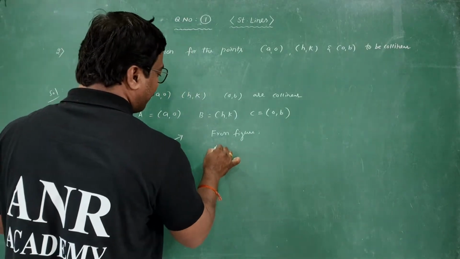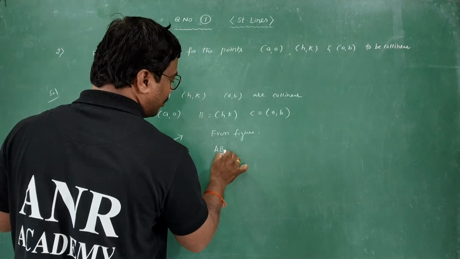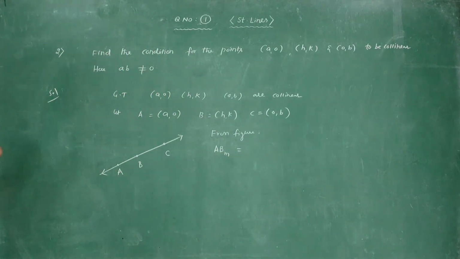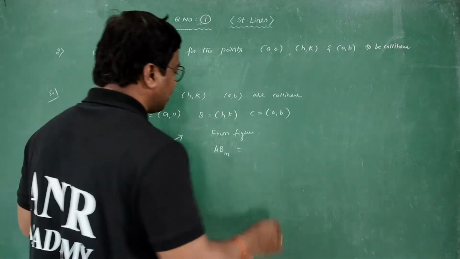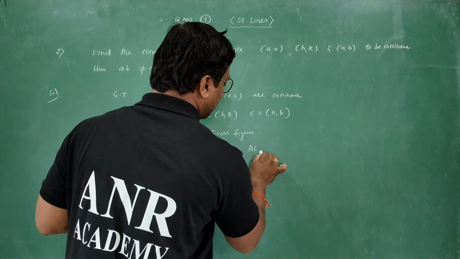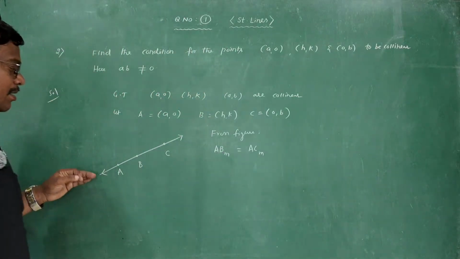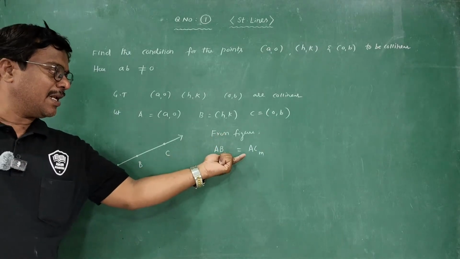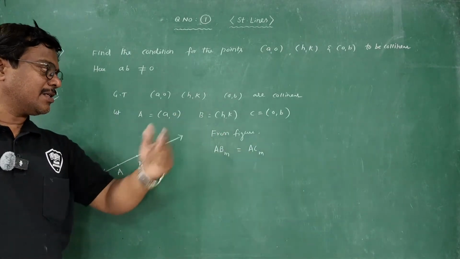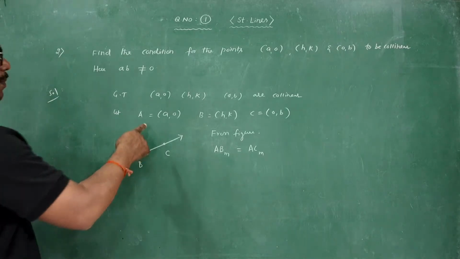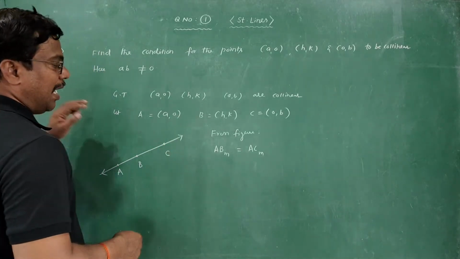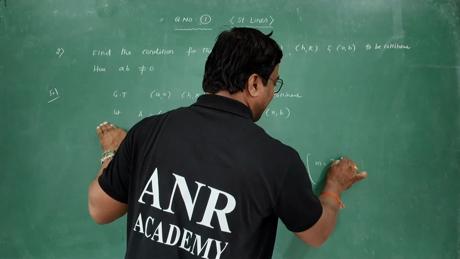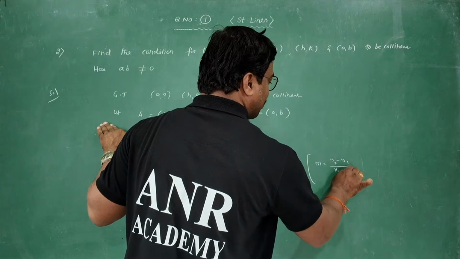From the figure I am going to write the slope of AB, slope denoted by notation m, m of AB, nothing but the slope of AB. Next the slope of AC, both are the same. AB and AC are parallel, so when lines or line segments are parallel, their slopes are equal. With the help of the points A and B, I am going to write the slope. You know the slope formula: (y2 minus y1) divided by (x2 minus x1).